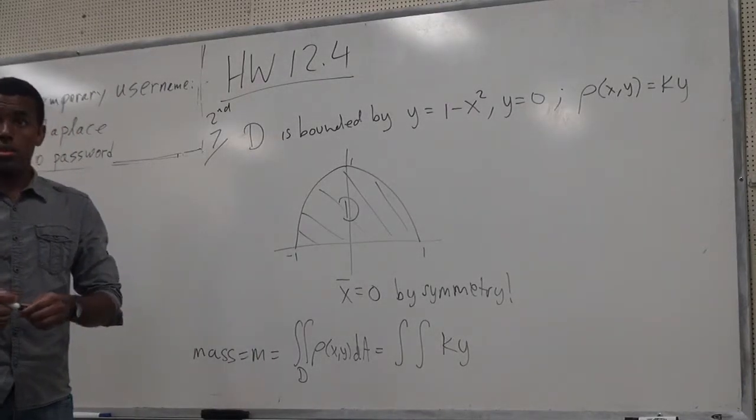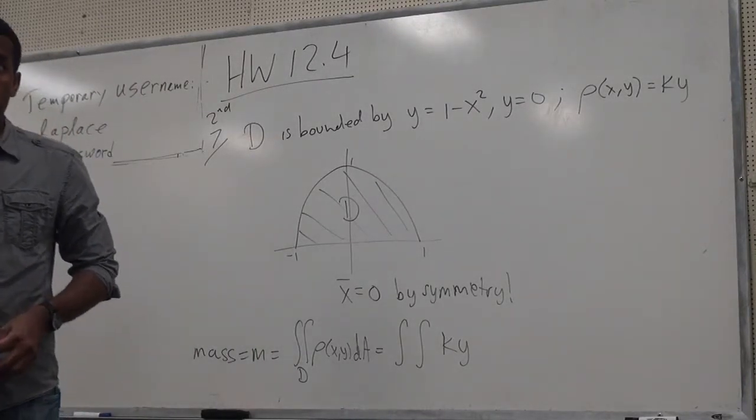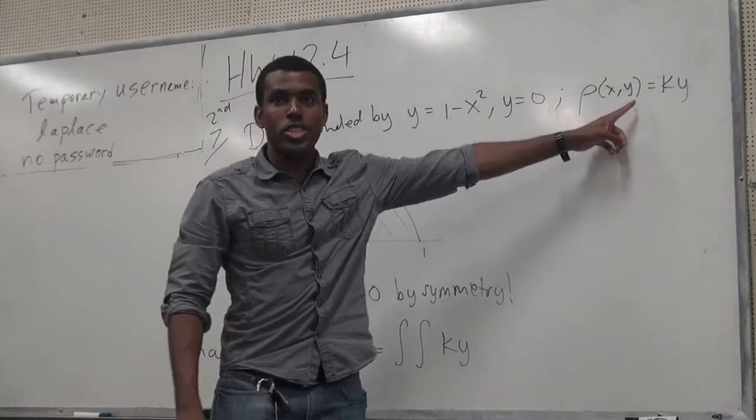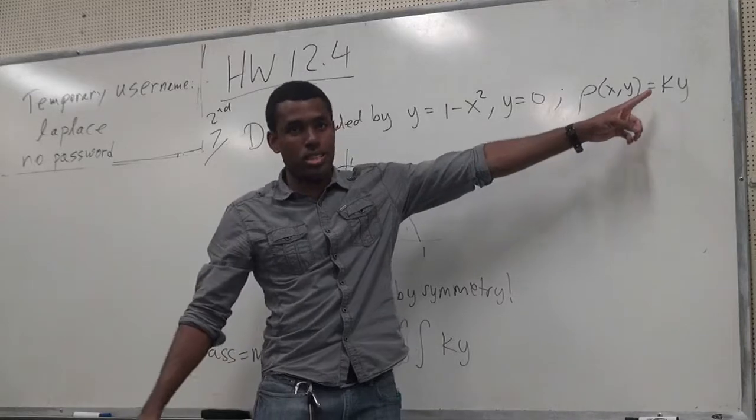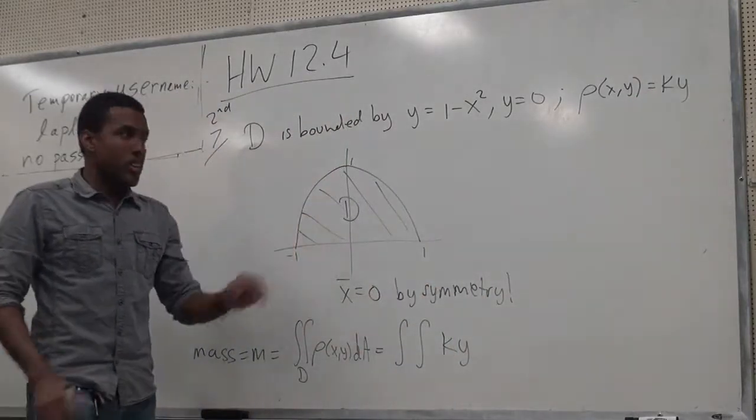You assume that it's symmetric because of the density function. If I had a density function that changed according to x, then you can't assume that.